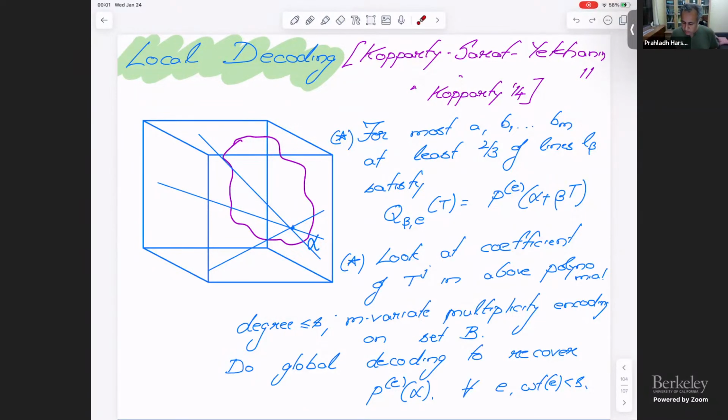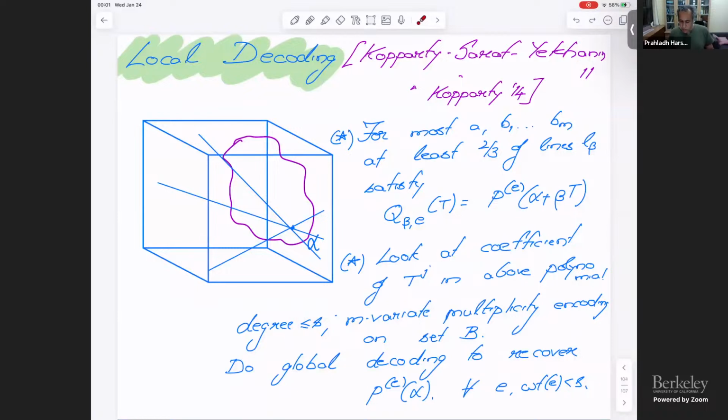So what we'll do is look at this polynomial, and look at the coefficient of t to the power j in it. You get a polynomial in the variables beta, where beta are the choices.